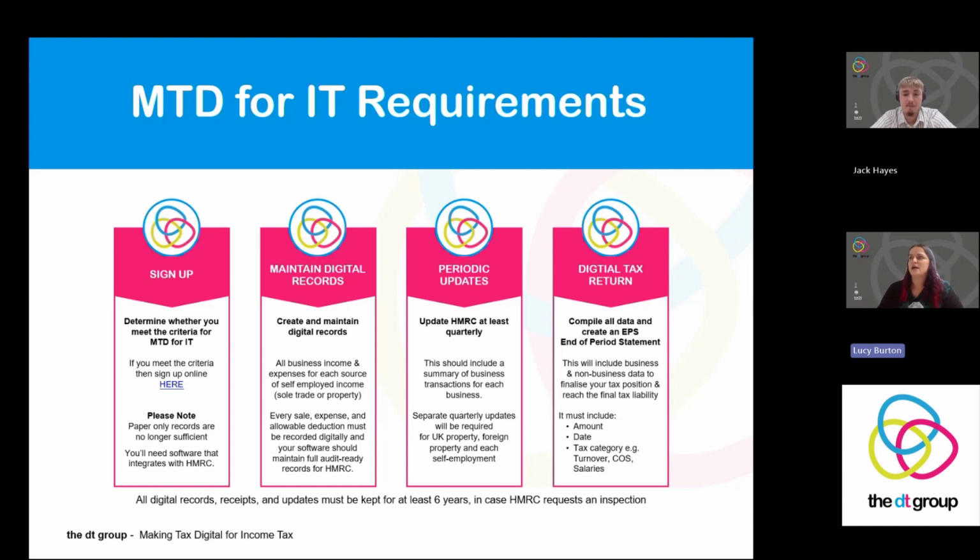And then once you're signed up and you're maintaining these records, you'll then get into that habit of doing a quarterly submission. And that is where you update HMRC. So HMRC doesn't want the transactional data. It will go through in Xero or QuickBooks, for example, as a total number. You will have the information and that detail in your accounting software, but HMRC just needs those high level numbers, as you're probably used to when you do your submissions already.